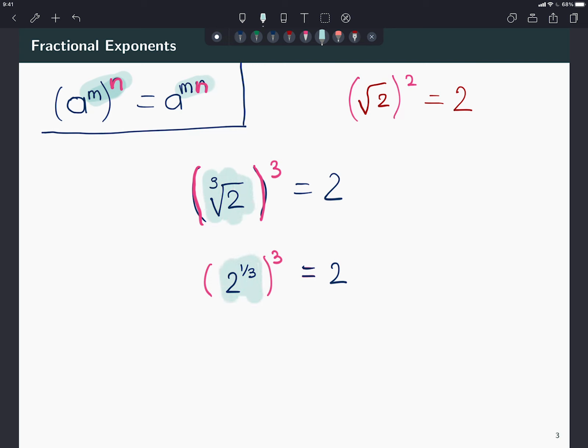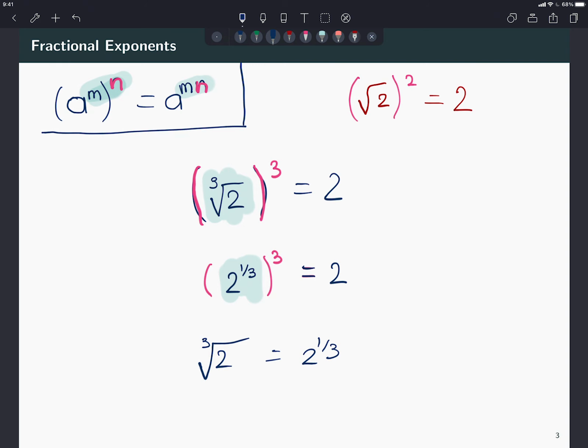There are two numbers whose cube is the number 2. It's a little bit of an assumption, but these numbers should be equal. There's something to say about carefully saying that it's the unique number that has this property, but take my word for that. So the cube root of 2 is the same as 2 to the 1/3.